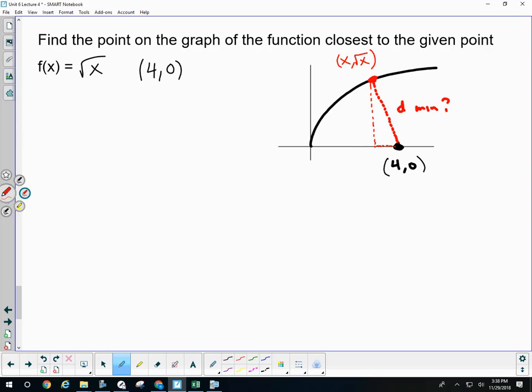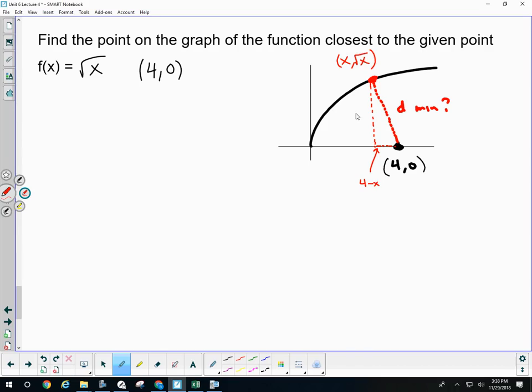Okay? Now what do I have to find? What is this distance here between our vertical and the point 4, 0? These are x values. 4 minus x, the way that I drew it.